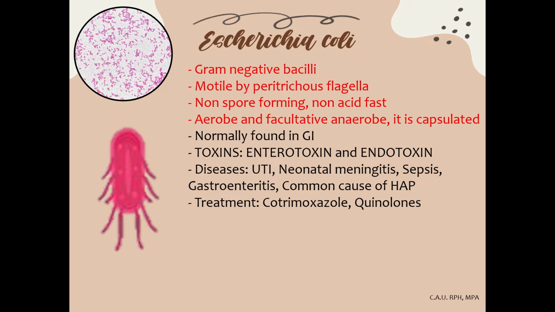This is the reason why the affected host has symptoms like gastroenteritis. If you see -itis in a disease, you know it's inflammation. So gastroenteritis is an inflammation in the stomach and intestine caused by the bacteria E. coli. Symptoms of gastroenteritis are watery diarrhea, stomach pain, and vomiting.